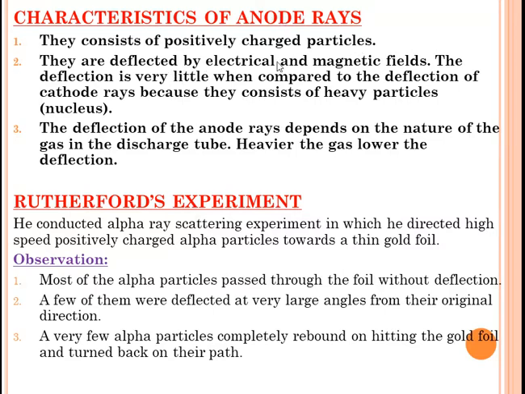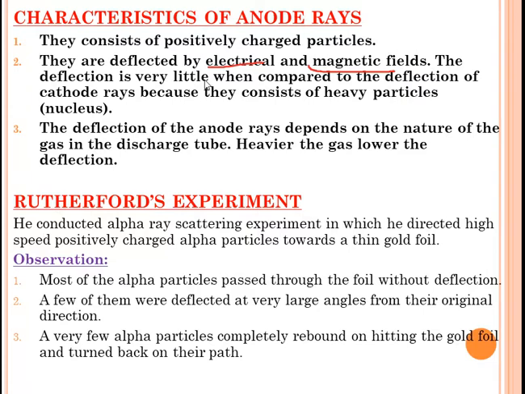They are deflected by electrical and magnetic fields. In the experiment also we have seen that anode rays are deflected by electrical and magnetic fields. The deflection is very little when compared to the deflection of cathode rays because they consist of heavy particles, nucleus. Deflected means they will move left or right from their original position if we apply an electric or magnetic field.